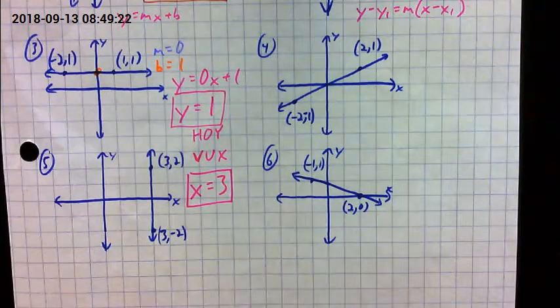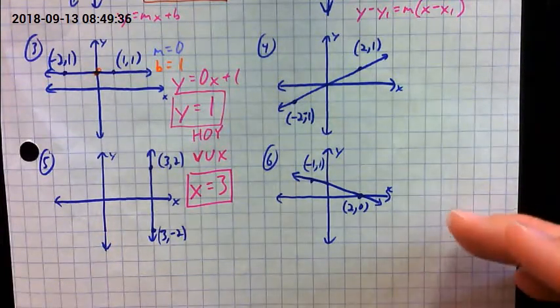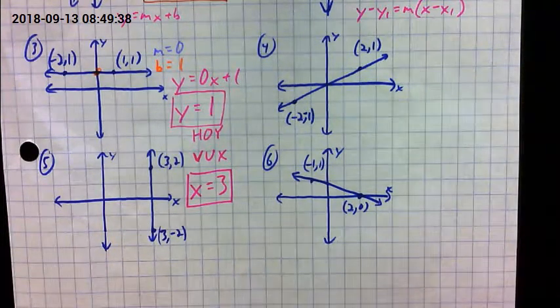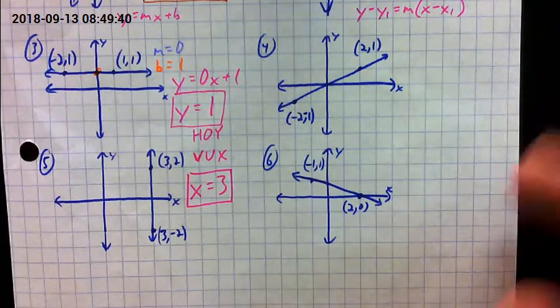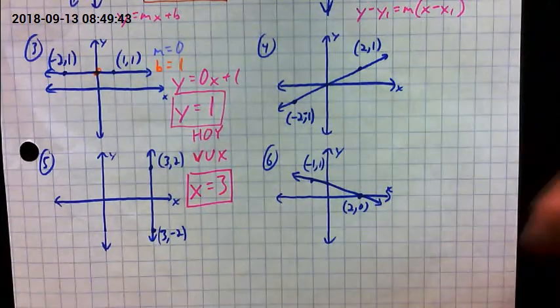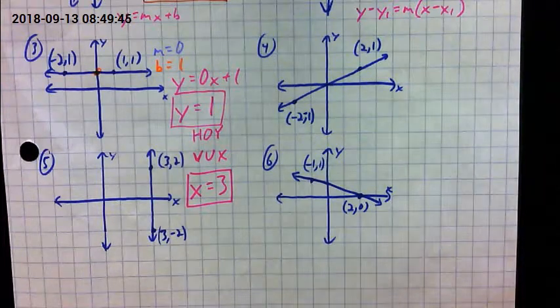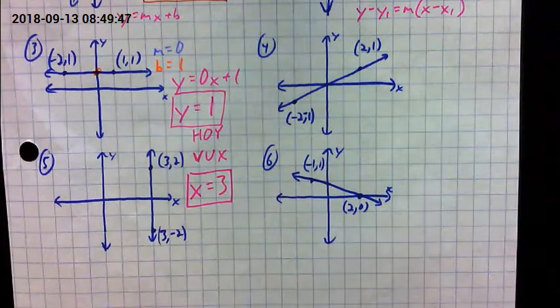So since we can identify a y-intercept, which version am I going to write this in? You can write it in y-intercept form because you just have to identify the slope and the y-intercept. So it's going to be easier. Could you write this in point-slope form? If they ask you, write an equation for this in point-slope form, yeah, you just have to know the slope and a point.